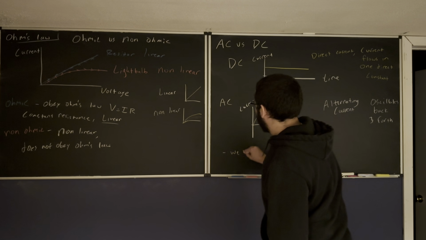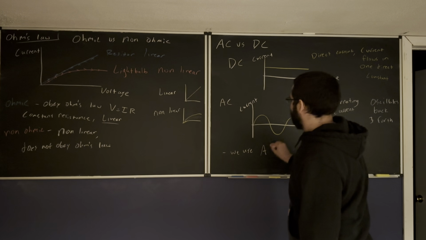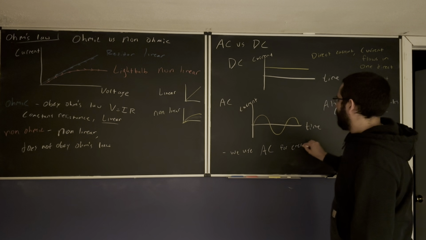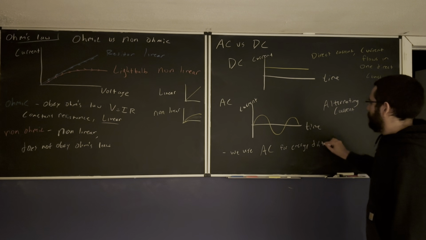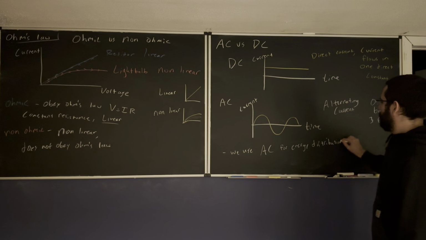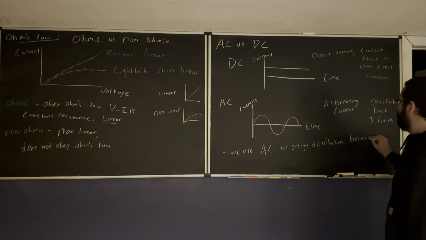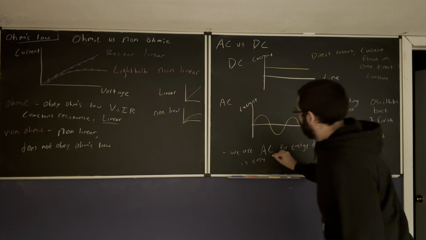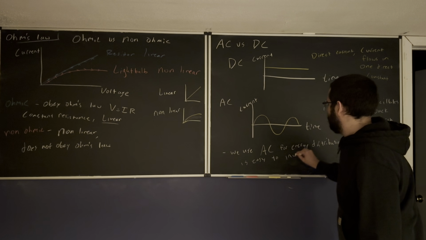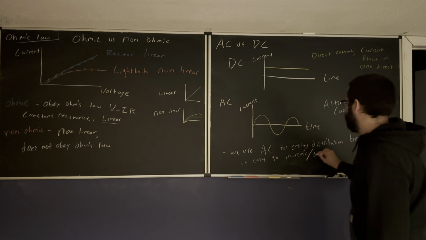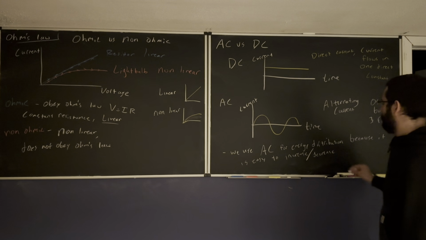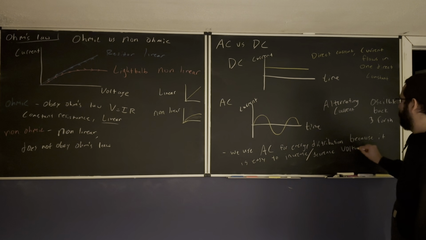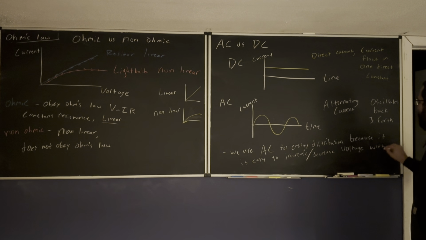So we use alternating current for energy distribution because it's easy to increase or decrease the voltage with a transformer.